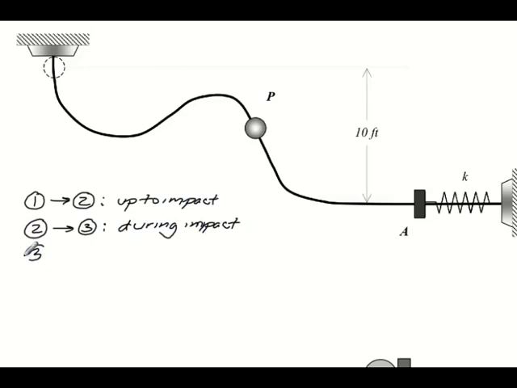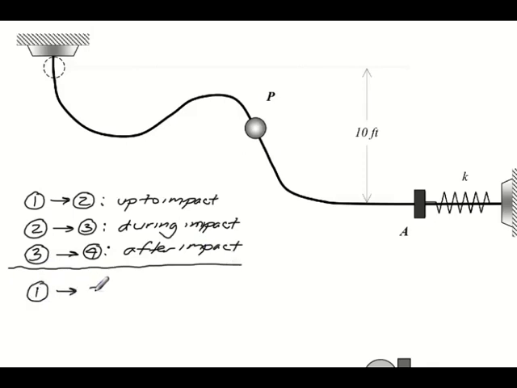And then from time 3 to time 4 will denote the time after impact. And the reason, again, for breaking this up is that between 1 and 2, energy is conserved.